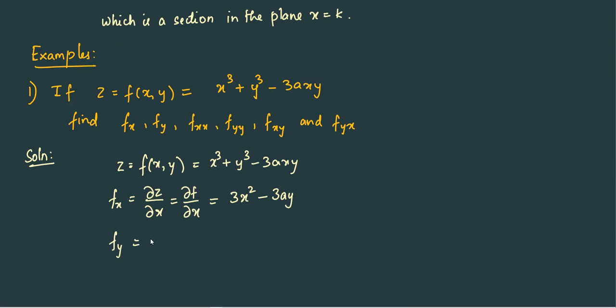Fy or dou z by dou y, or we can write as dou f by dou y, we again differentiate with respect to y, treating x as constant. So we get 0, 3x cube derivative is 0, y cube will be 3y square minus 3ax.